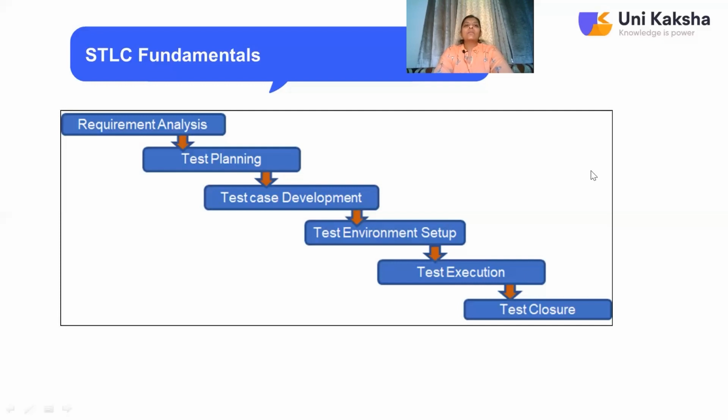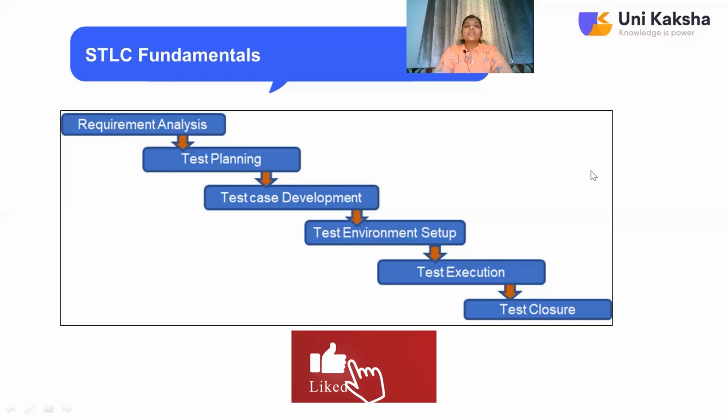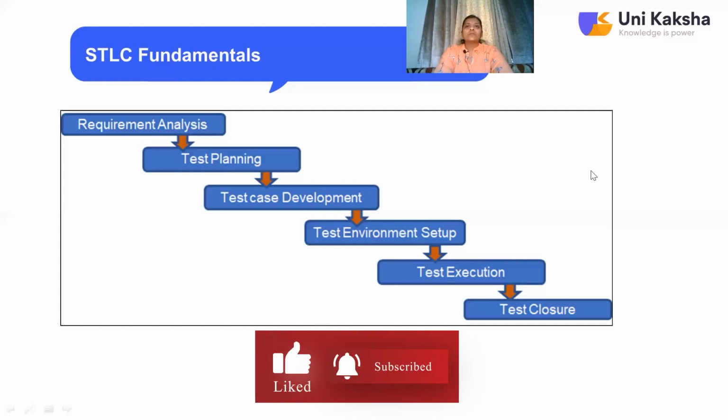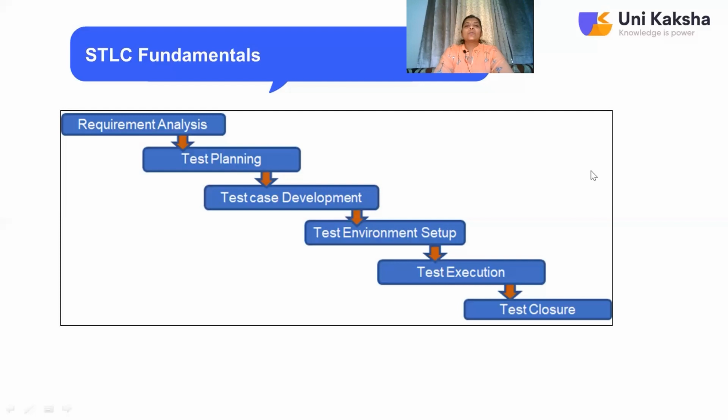So test environment setup is the step where the test environment is decided first, and it decides the conditions on which the software has to be tested. That is, it has to be decided here what the different cases or conditions are on which you have to test your software.